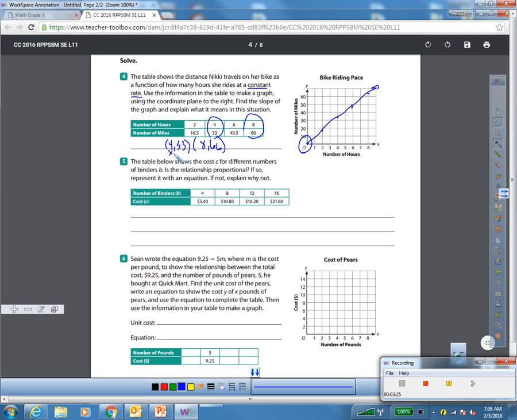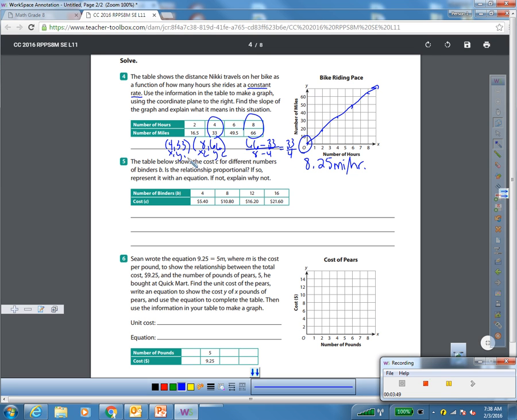And you'd label. And you plug them in. So 66 minus 33 over 8 minus 4. So that gives me 33 over 4, which would simplify to 8 and a fourth, or 8.25. So that means that Nikki is biking 8¼ miles per hour. That's what the slope means in this problem.